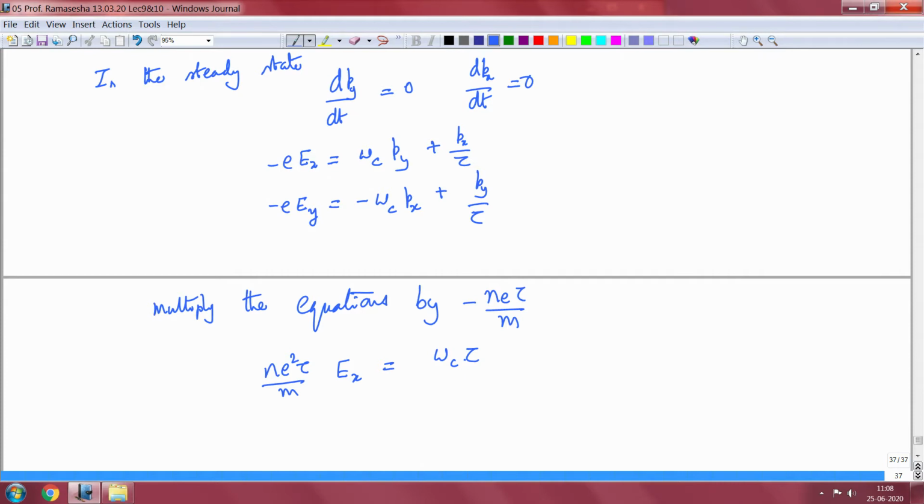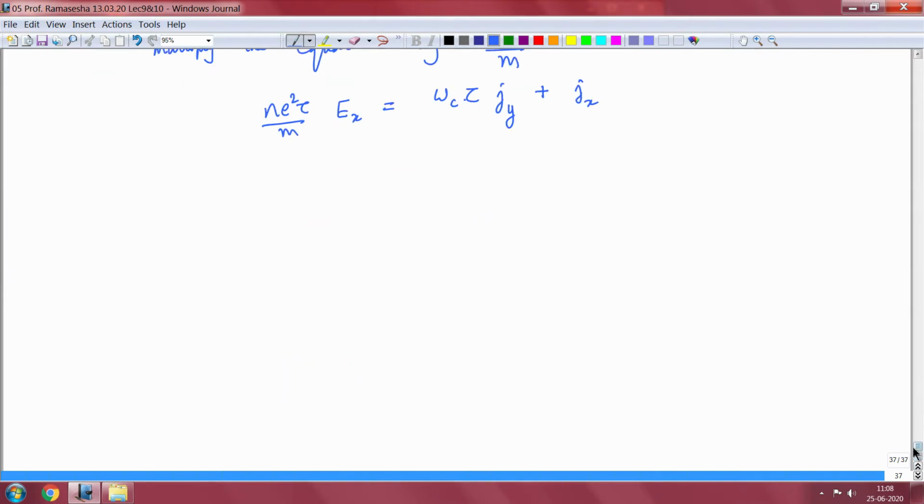You can do the algebra, it's quite straightforward. Py is related to the current: minus e py by m will be the current.